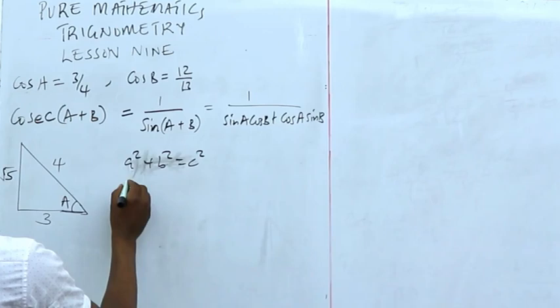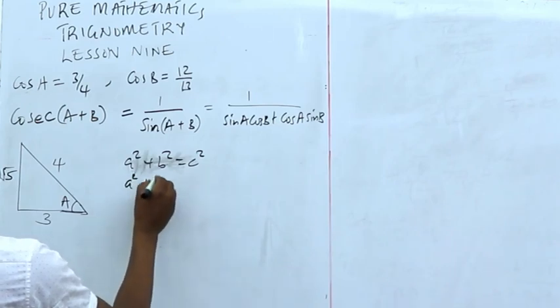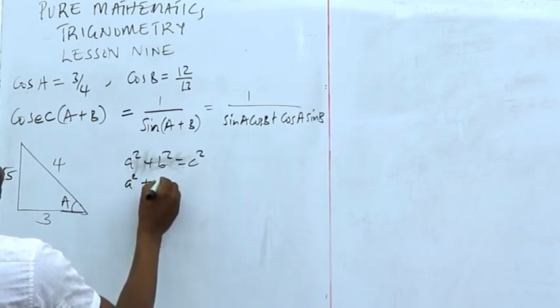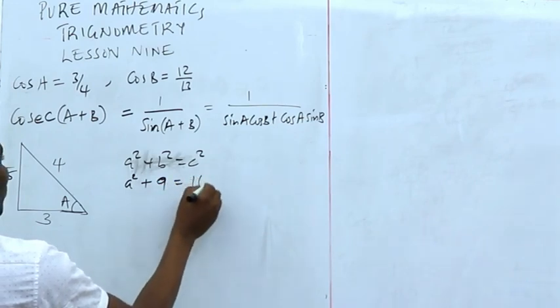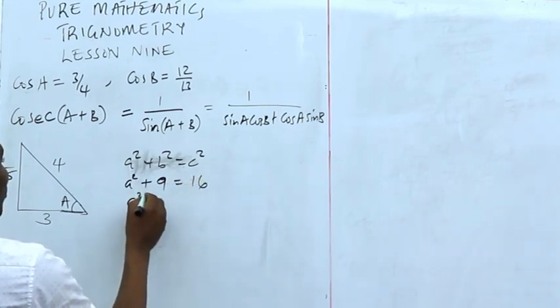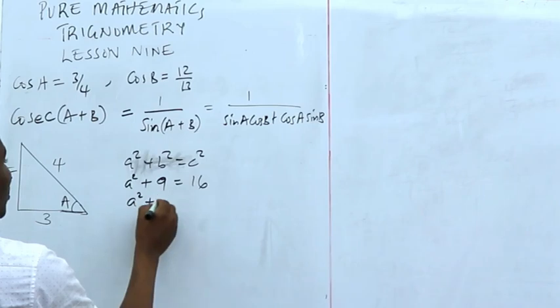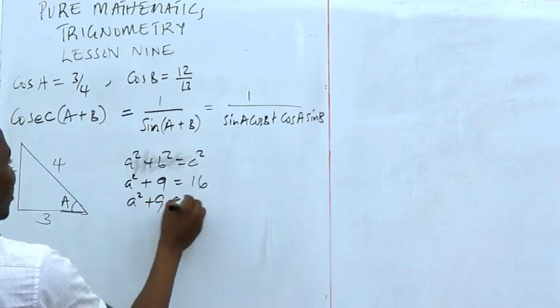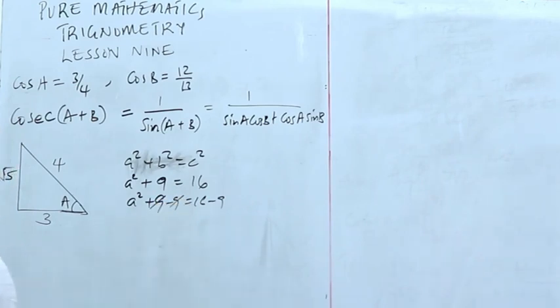So our A, we don't know. Our B is 9. This one is equal to 16. So a squared plus 9 minus 9 is equal to 16 minus 9. That one will cancel.